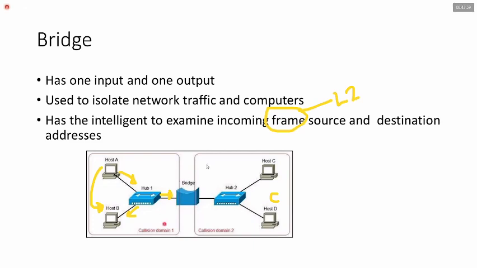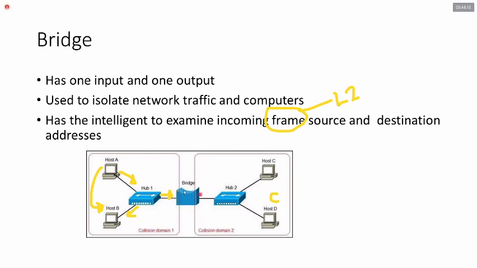Now the bridge has two sides, side 1 and side 2. The bridge knows B is in side 1. If it knows that, will it pass this message to the other side? What do you think? No, right?